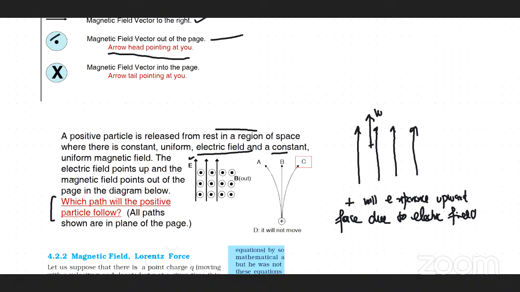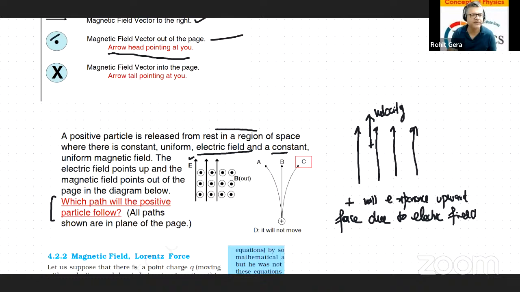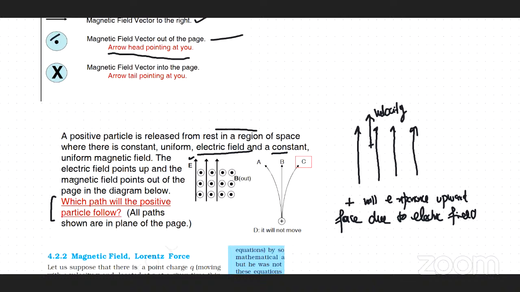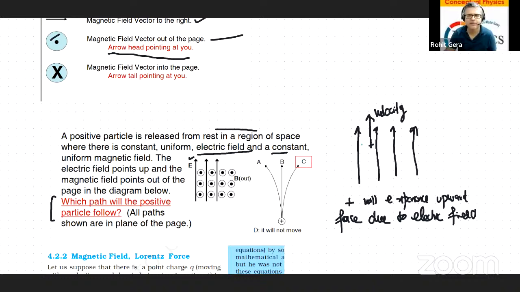But as soon as it acquires a velocity, you also have a magnetic field present in this area. Correct. So as soon as you acquire a velocity, you will be subjected now to a magnetic force also.